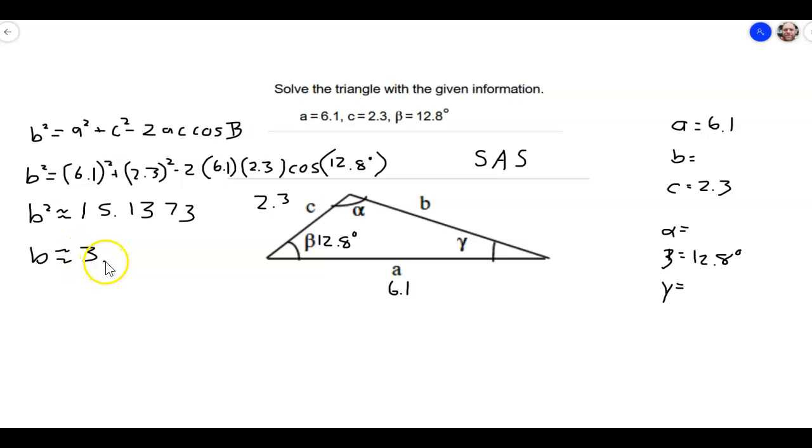We'll round that to 1 decimal place just like the others. So b is 3.9, and so we got our b.